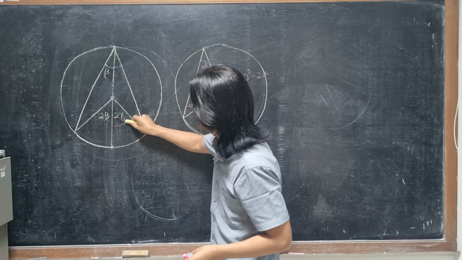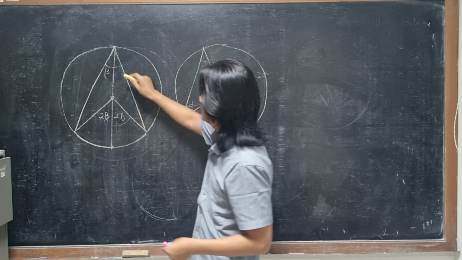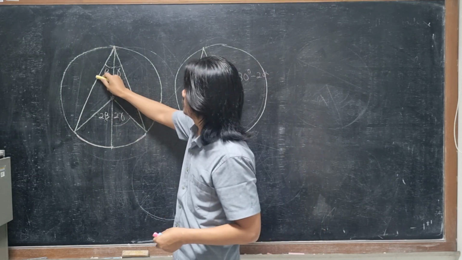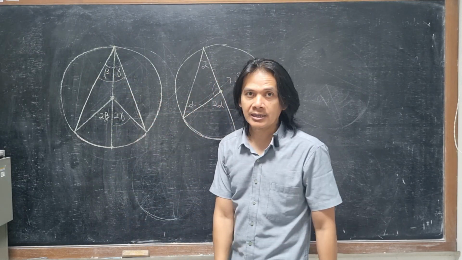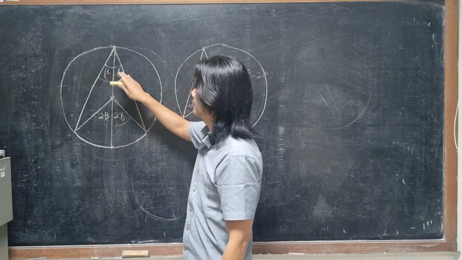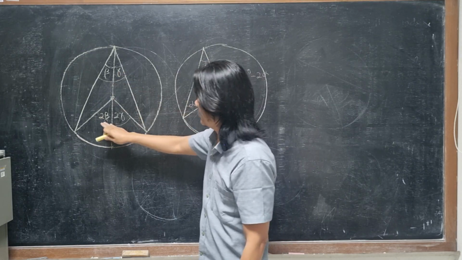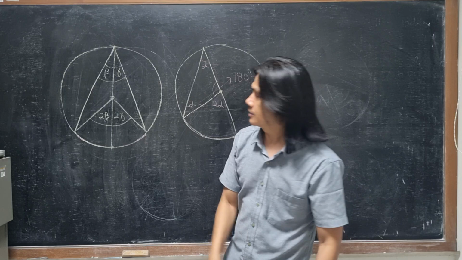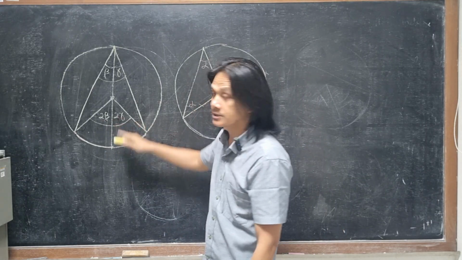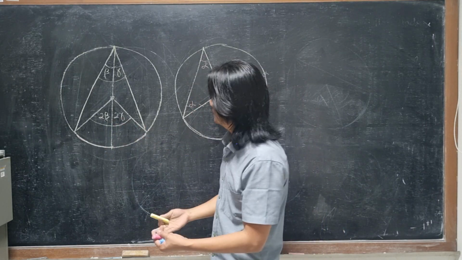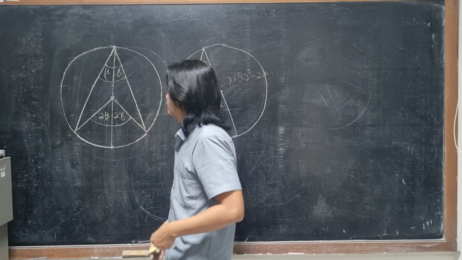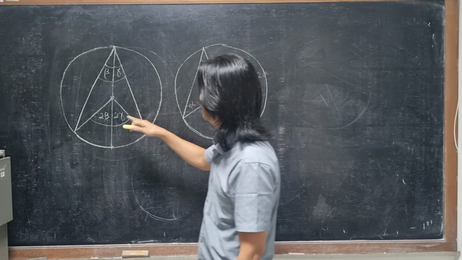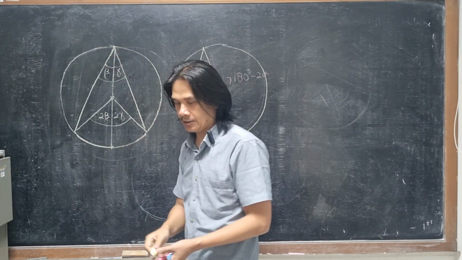So if we call this twice gamma, then that one will be gamma. Then the original inscribed angle is beta plus gamma, which is exactly half of the original central angle, which is twice beta plus gamma. So again, the result is still true whenever the center of the circle is inside the triangle.